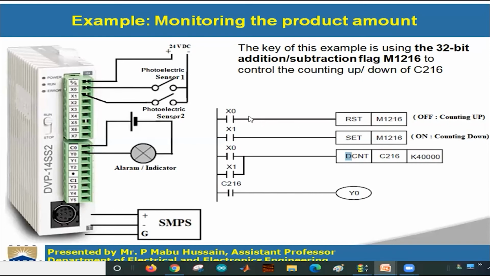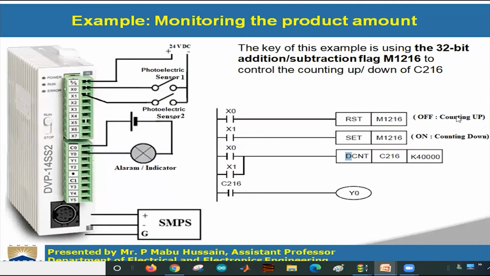So see here, we are going to use two photoelectric sensors, X0 and X1. As per this program, when X0 is on, that means the photoelectric sensor is on, M1216 will be off. It will be reset, in the sense off. So your counter will count its value up by 1.